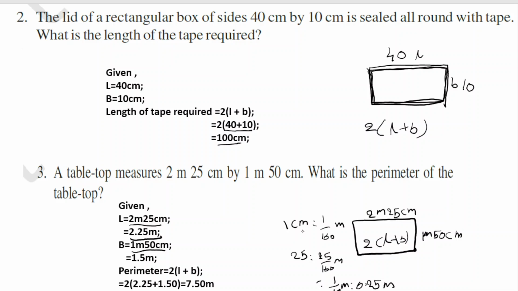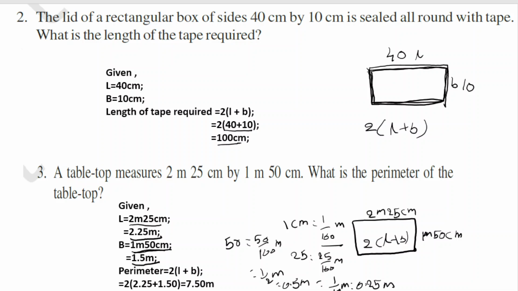And you know that 1 centimeter is equal to 1 by 100 meters and 50 centimeters is equal to 50 by 100 meters. So this is nothing but 1 by 2 meters, that is equal to 0.5 meters. So here 1 meter 50 centimeters is nothing but 1.5 meters.